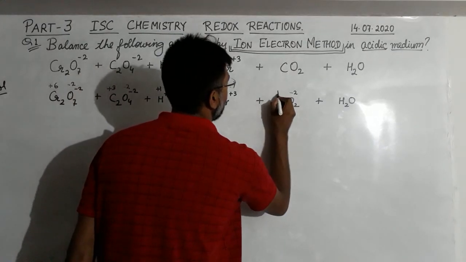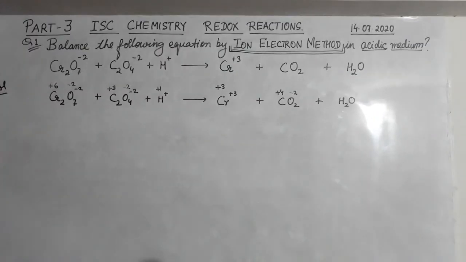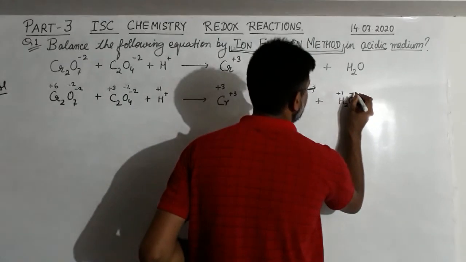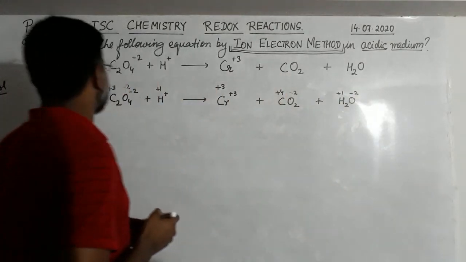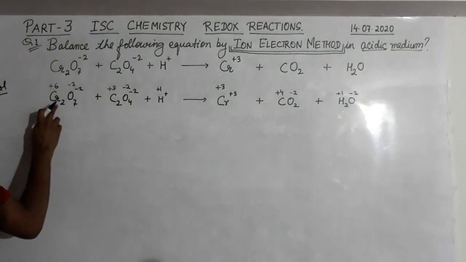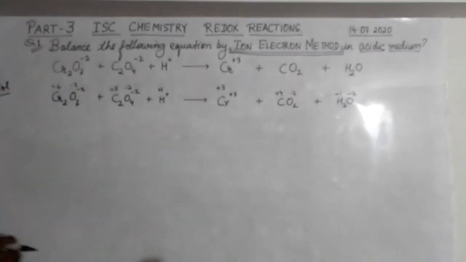So this becomes plus 4. Oxidation number of carbon in carbon dioxide is plus 4. And in water, oxidation number of hydrogen is plus 1 and oxygen is minus 2. So the first step is to write down the oxidation number of all the atoms present in the ions or molecules in this ionic equation.